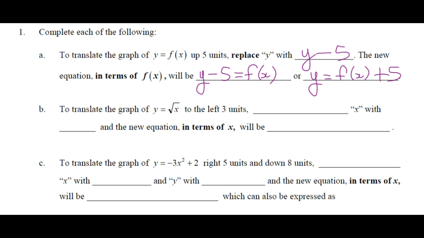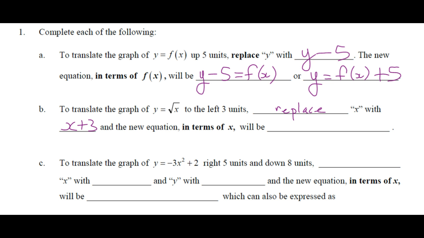To translate the graph y equals root x to the left 3 units, we do what? Replace x with, so if I want to move left, then x plus 3.